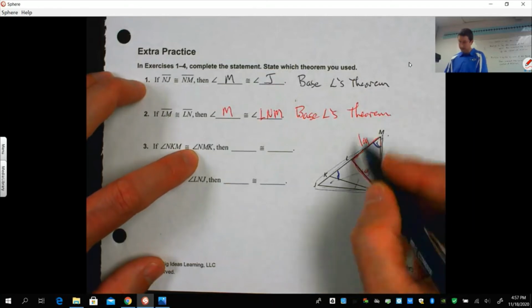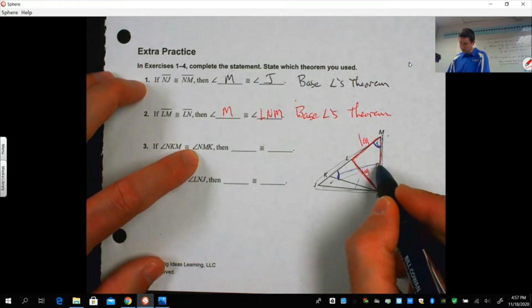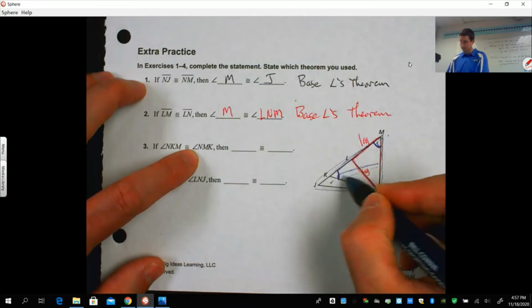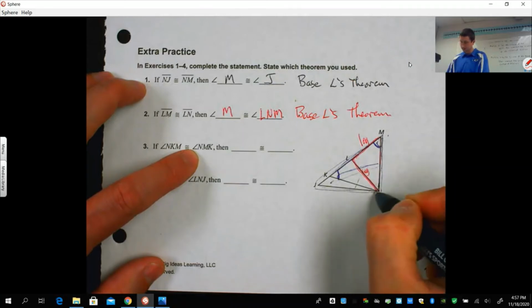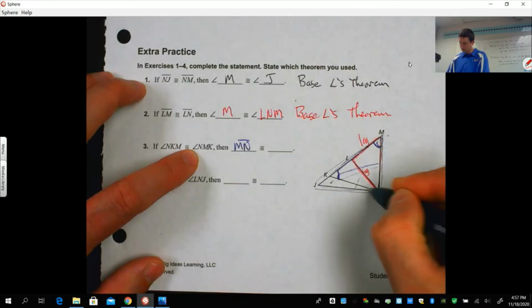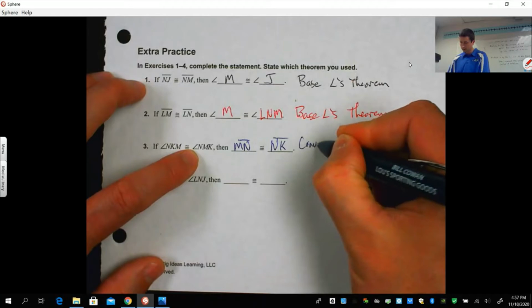So the sides opposite those would be, from this first one, go opposite. That makes this the base up here. These are the legs. So the legs are congruent. So MN would be congruent to NK.